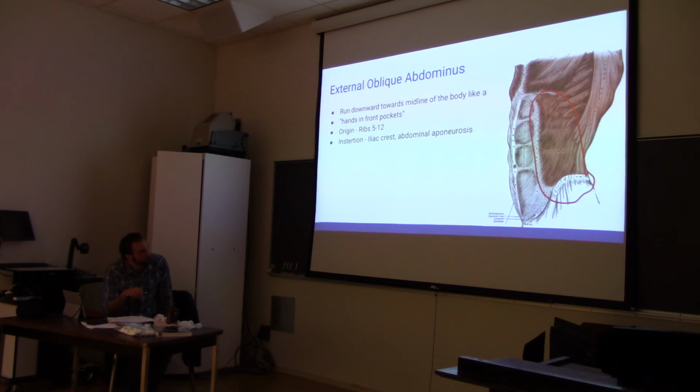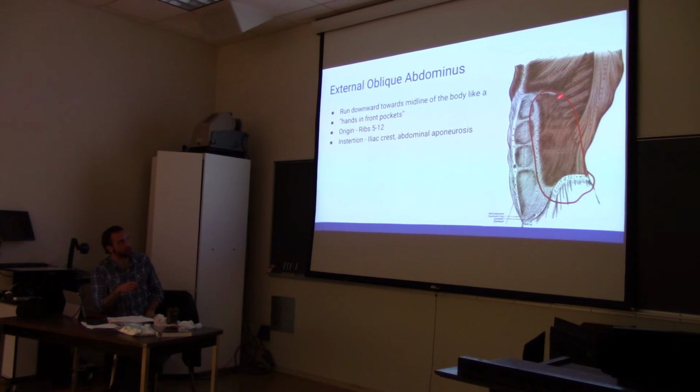Okay, external oblique muscles, these ones right here. We were just talking about the rectus abdominis, which makes you do sit-ups. And this one's the side. The fibers run downwards towards the midline of the body, like if your hands are in your front pockets, that kind of V. The origin is ribs 5 through 12 up here, and the insertion is the iliac crest and abdominal aponeurosis.